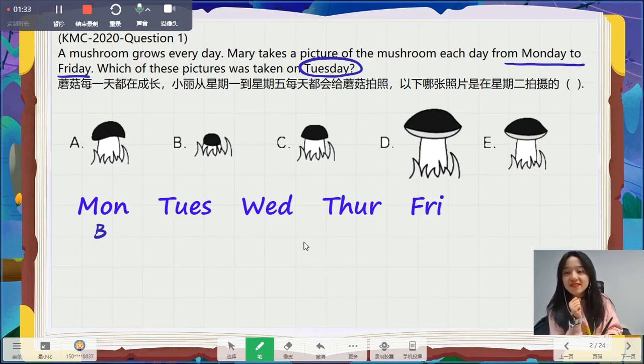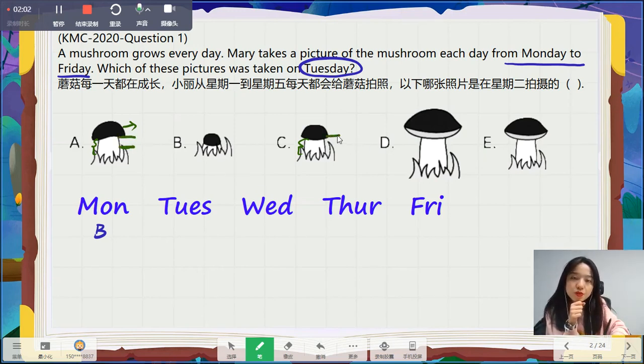Let's compare them. So there are two parts we can take care of. One is the stalk and one is the cap. Let's see the cap first. Which cap is larger? Is a bit larger, do you think? A or C? A's cap is a bit larger, right? And for this stalk, you can compare the distance between the cap and the grass.